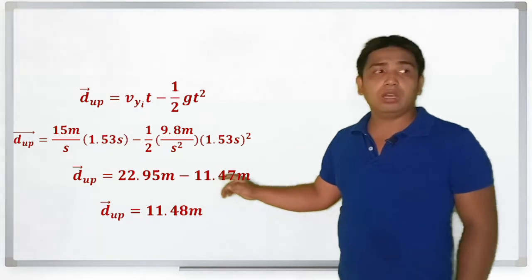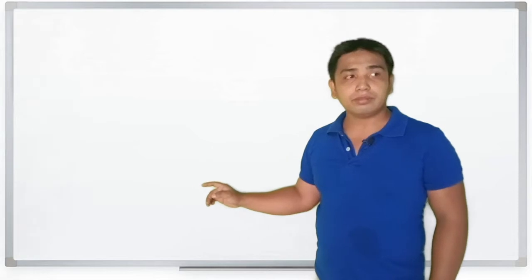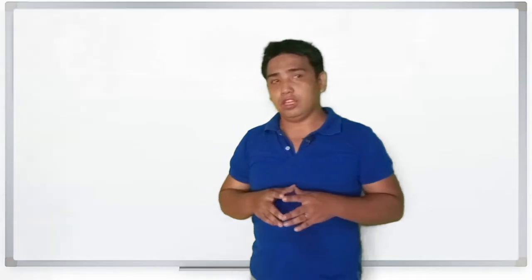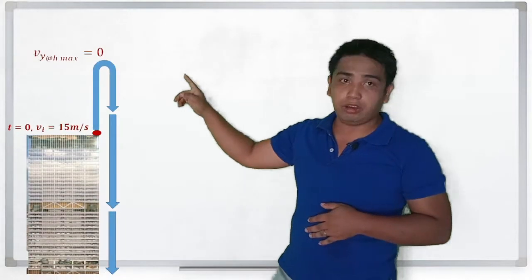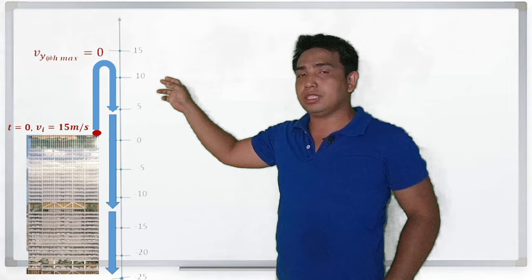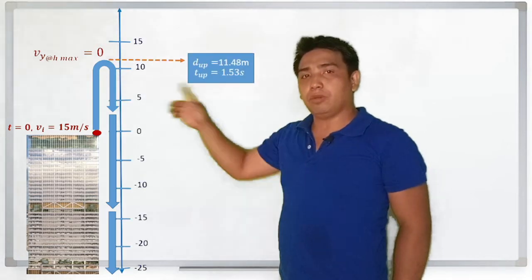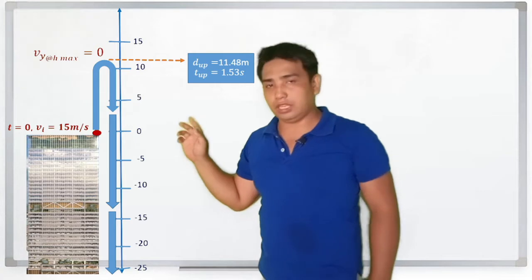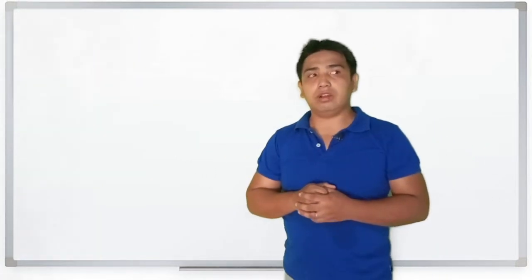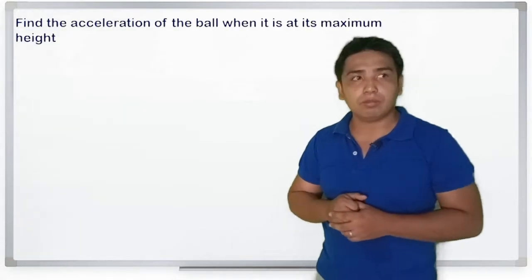Alright, so what we have found out as of the moment is the maximum height reached by the ball, which is 11.48 meters, and the time it needs to reach that point is 1.53 seconds. So next, we have to find the acceleration of the ball when the ball is at its maximum height.